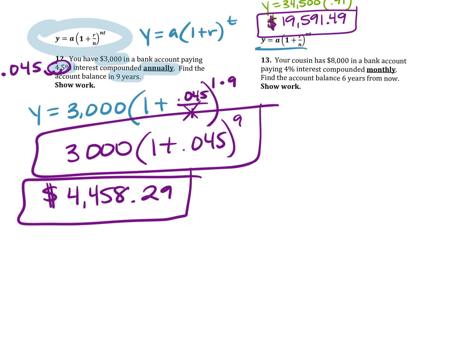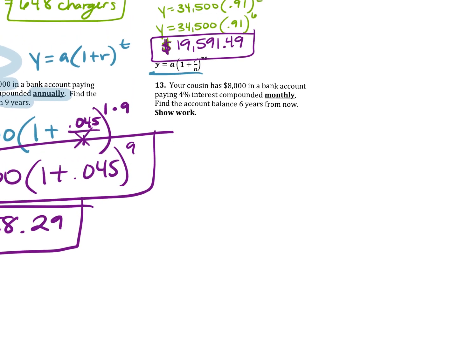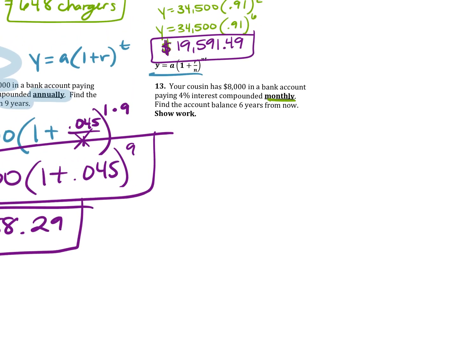Okay, last one. It says your cousin has $8,000 paying 4% interest compounded monthly. What is it 6 years from now? What is A? 8,000. So your starting amount, 8,000 times 1 plus, what is R? 0.04.